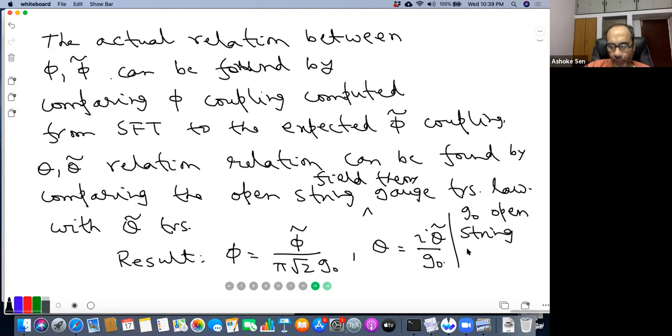In this case, in fact, we don't need it, where it cancels. But in general, it's proportional to square root of G string, and you can find a constant of proportionality. This is a coupling constant that appears in the open string field theory.